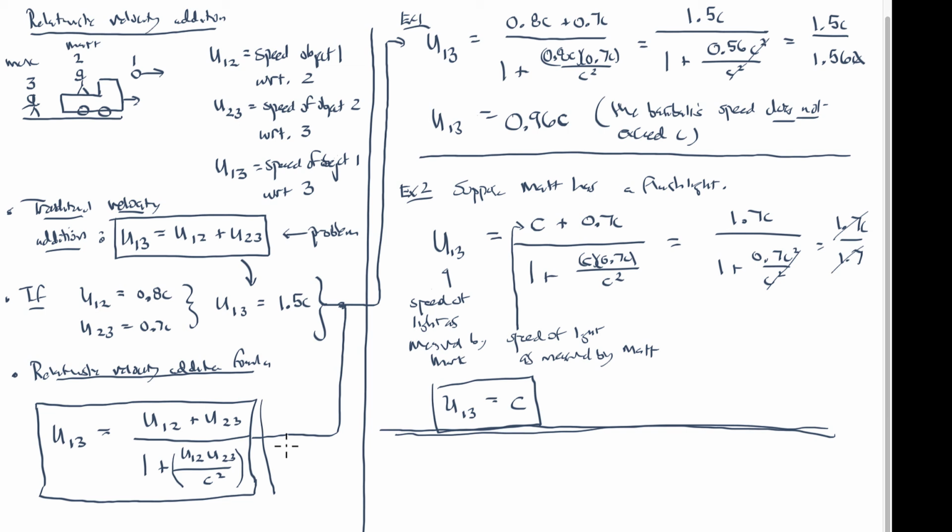Okay, now let me say one other thing before I end this discussion. There is sometimes another way that one sees this velocity addition formula that can be a little bit harder to work with calculationally, but it's a little bit easier to think about conceptually.